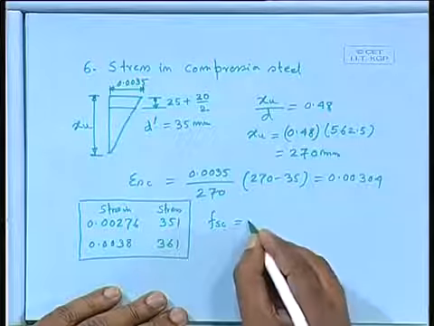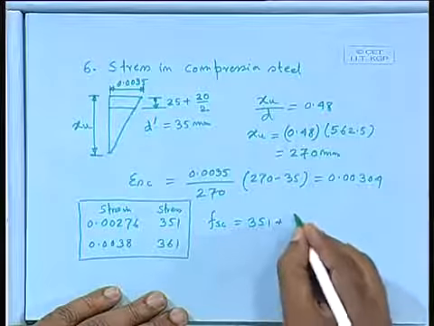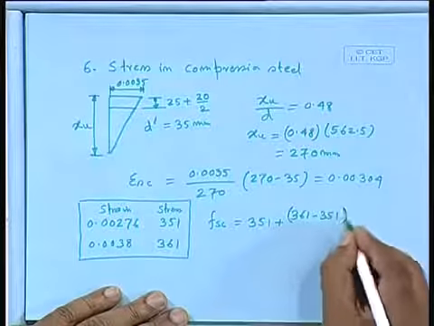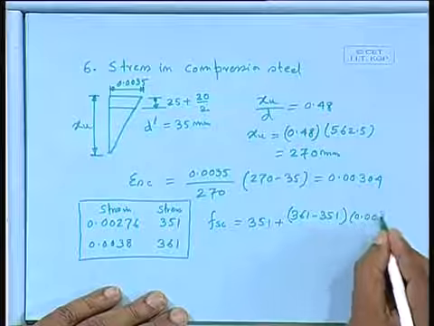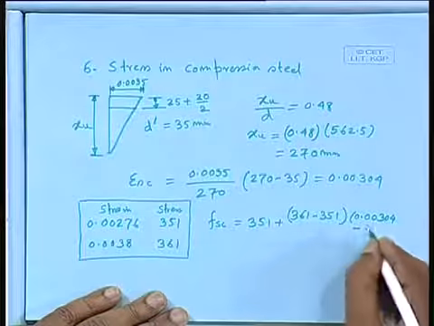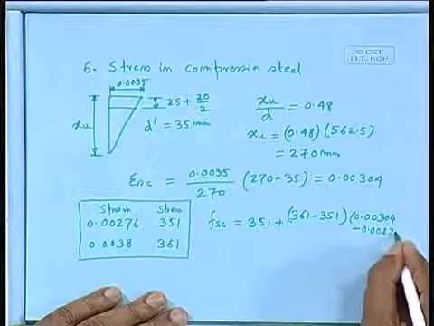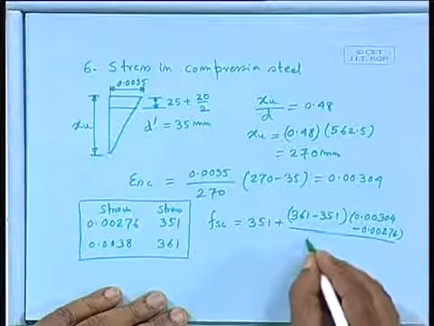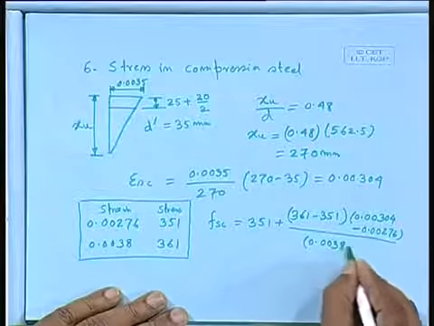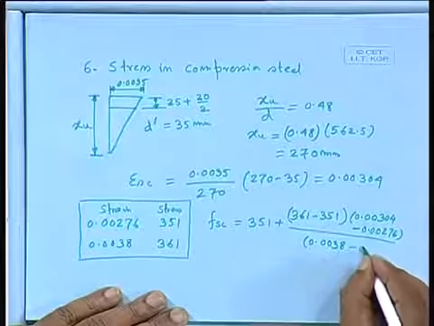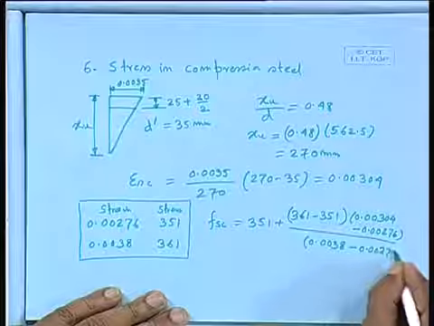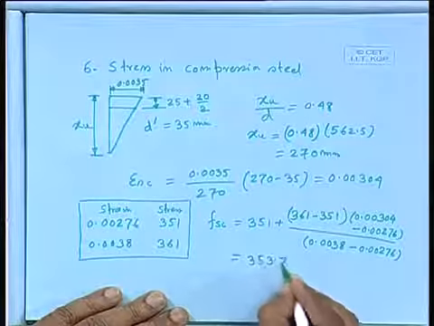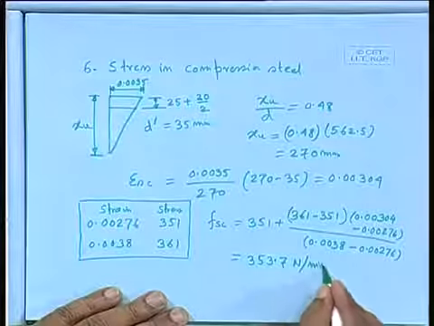So FSC equal to 351 plus 361, let us make it in detail, 0.00304 minus 0.00276 divided by 0.0038 minus 0.00276 equals 353.7 Newton per square millimeter.